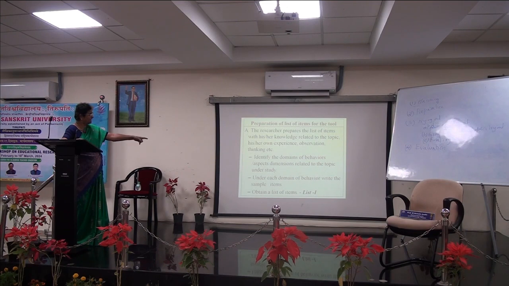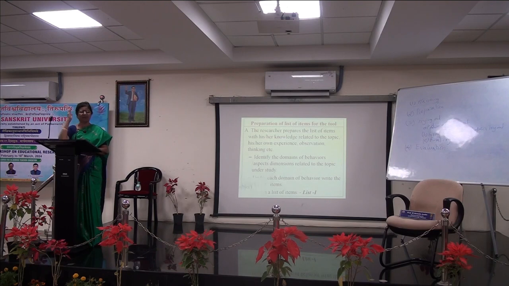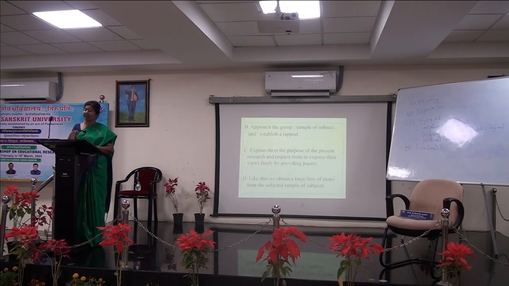Under each domain of behavior, write the sample items. That is called sample items, and this is called list 1. You have to thoroughly think and write all the possible items. That list you keep with you. Then next slide.